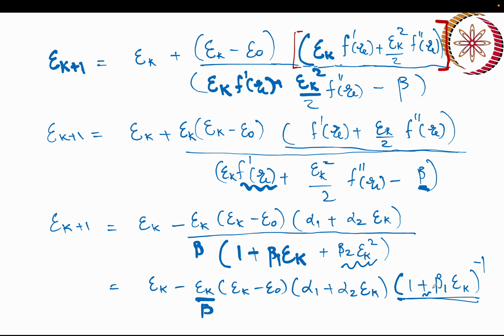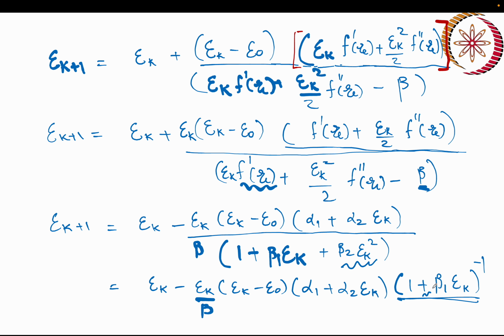Okay, so what you can see is epsilon k, if we take common from this equation, it will be 1 minus epsilon k minus epsilon naught beta, alpha 1 plus alpha 2 epsilon k, 1 minus beta 1 epsilon k, and we can say this is approximated, so this will be epsilon k, and this whole can be expanded as, if we simplify, it will turn out to be a1 plus a2 epsilon k plus a3 epsilon k square, and so on.